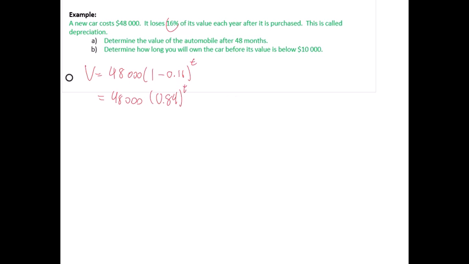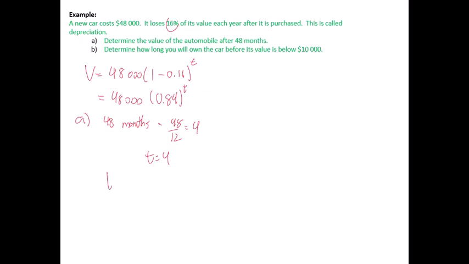Okay, let's do A. A states we want the value of the automobile after 48 months. This is in years, so 48 months is equal to 48 divided by 12. That gives us 4 years. So t equals 4, and we're going to substitute 4 into our equation here.